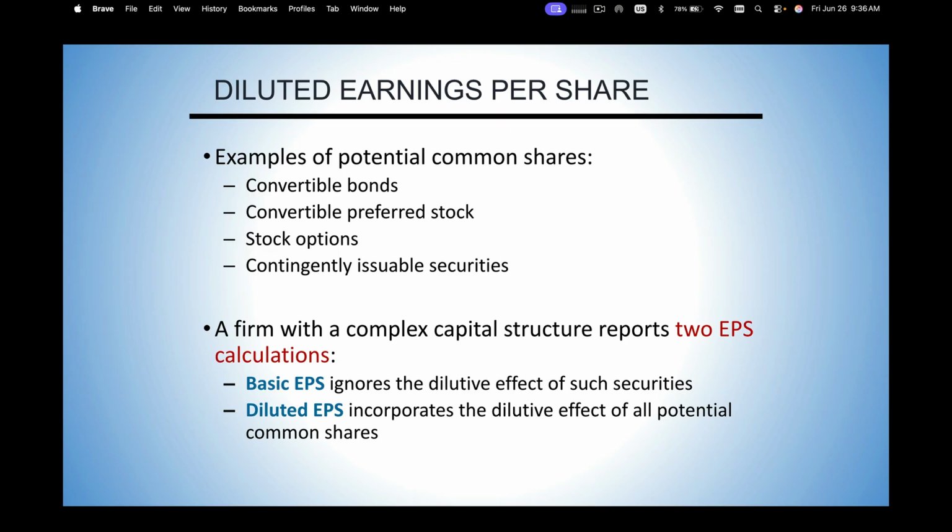They are anti-dilutive. If they're anti-dilutive and there's only one of them, you exclude it and only report basic. If there are multiple ones, and each one is anti-dilutive, then you need to remove the ones that are anti-dilutive.